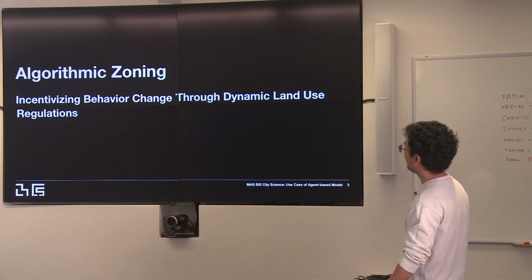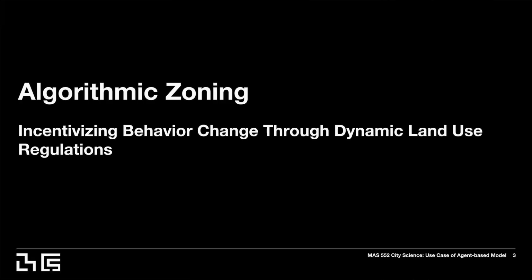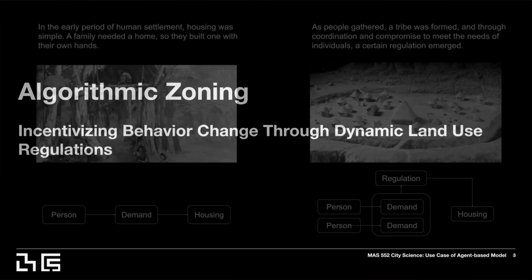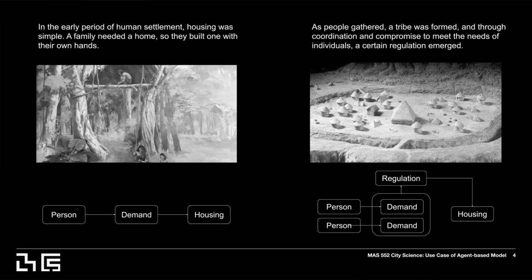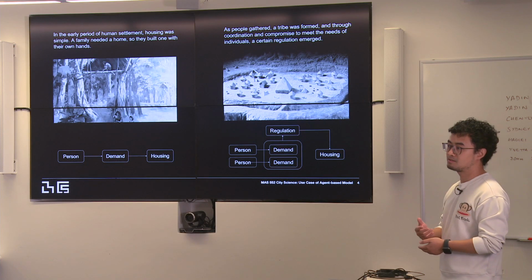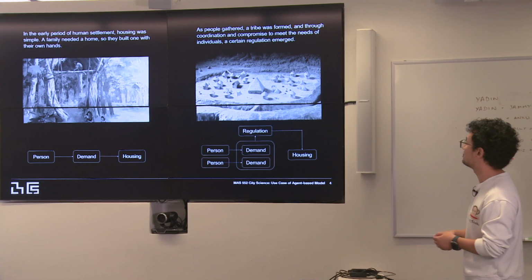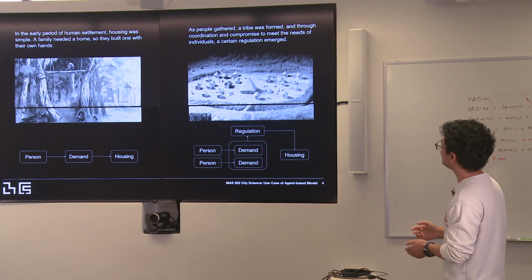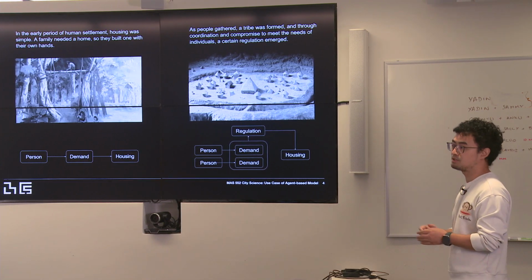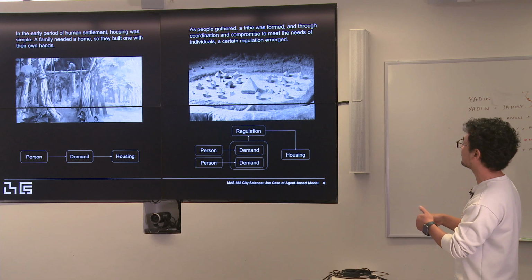First of all, we are trying to build incentive behavior change through dynamic land use regulations. Briefly looking back at human settlements, in the early period housing was really simple. A family needed a home, so they built one with their own hands. As people gathered, a tribe was formed, and through coordination and compromise to meet the needs of different individuals, certain regulations emerged.